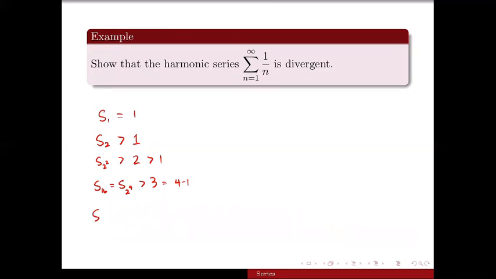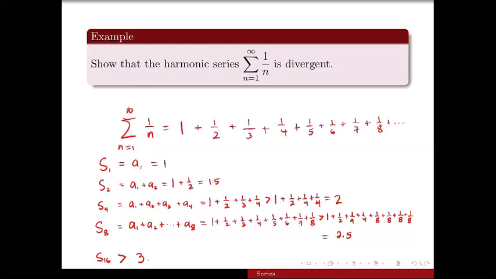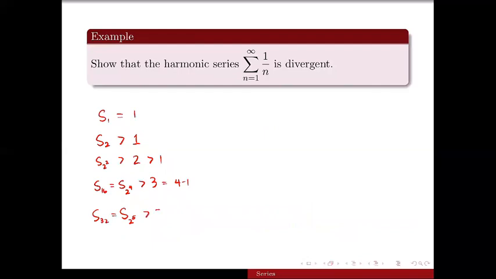Your S sub 32, this is S sub 2 to the 5. If you calculate, this is greater than 3.5. Can you see the pattern there? 1, 1.5, 2, 2.5, then 3 in here. This will be greater than 3.5. Okay? And then you have your S sub 64.